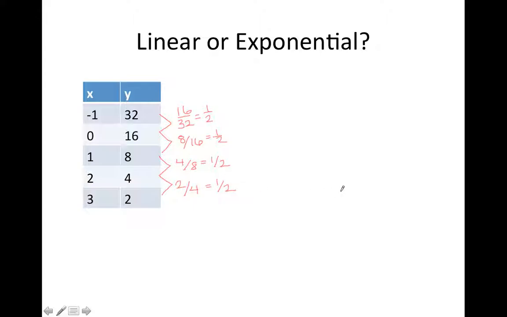So all of these ratios, when I reduce them, reduce to 1/2. So here the ratio of consecutive outputs is always 1/2. The ratio of the consecutive outputs is 1/2, which means that this is an exponential function by definition.